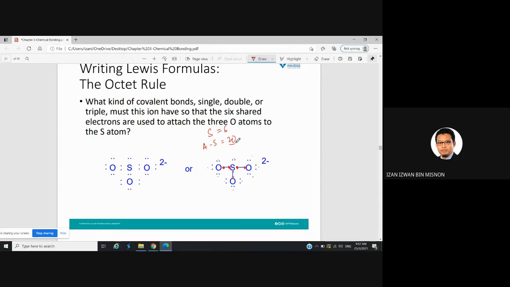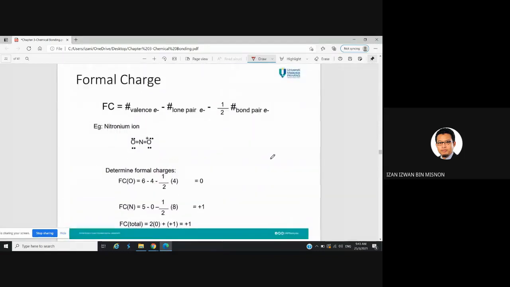We have 20 unshared electrons. And don't forget we have a charge. So we have 2 minus as the ion charge. Okay, that is how we calculate to draw the Lewis dot or dash structure for a given molecule.